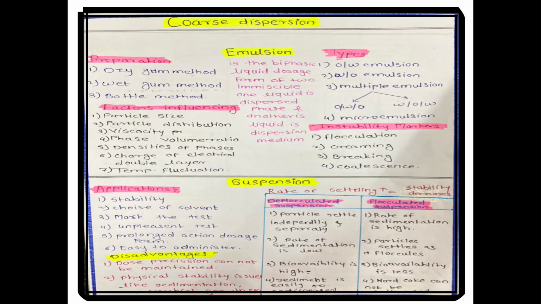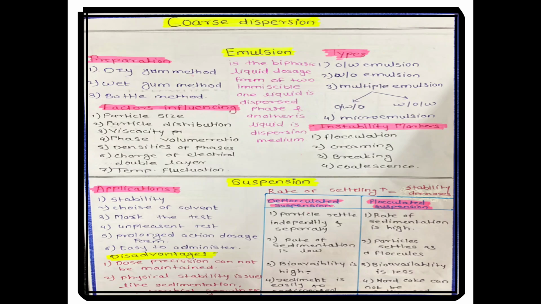Suspensions are biphasic liquid dosage forms in which a solid is dispersed in a liquid medium. Suspension stability: choice of solvent, mass test, but precision cannot be maintained. Deflocculated and flocculated suspension.